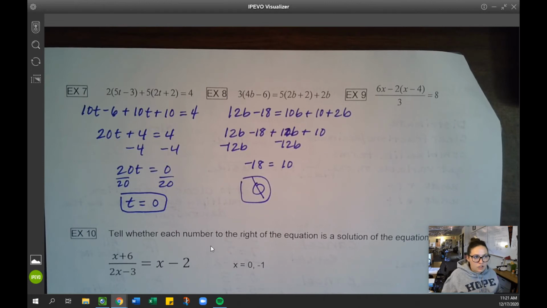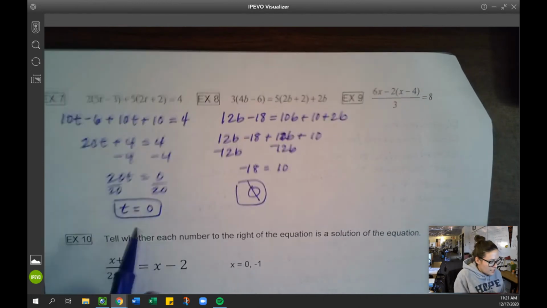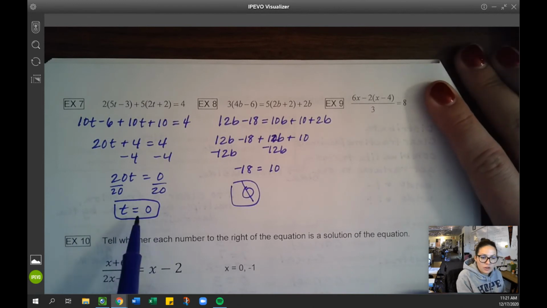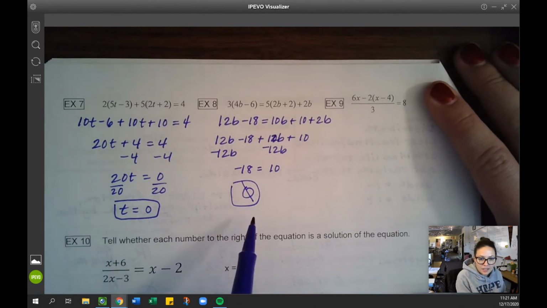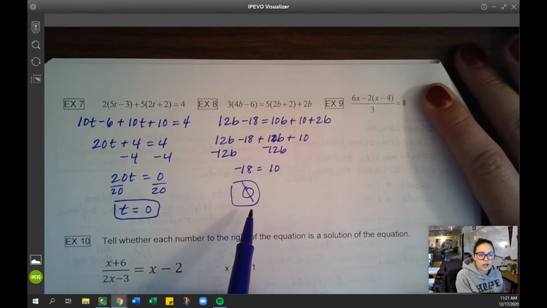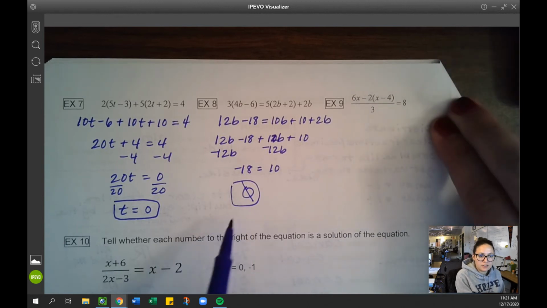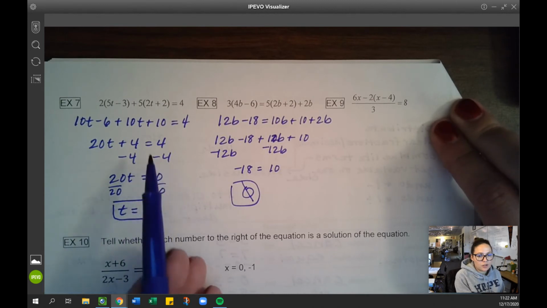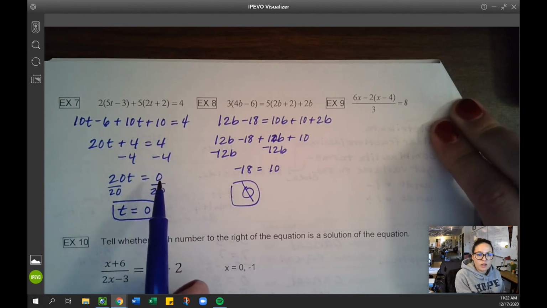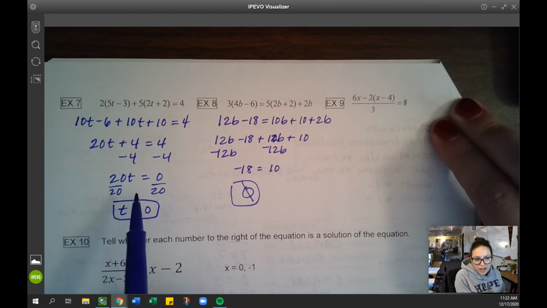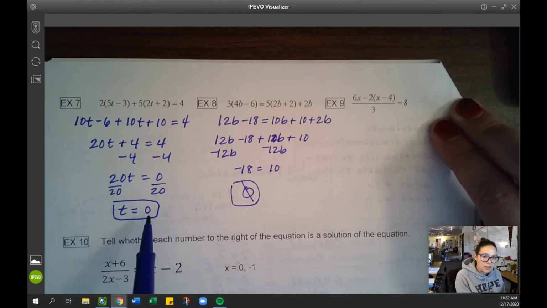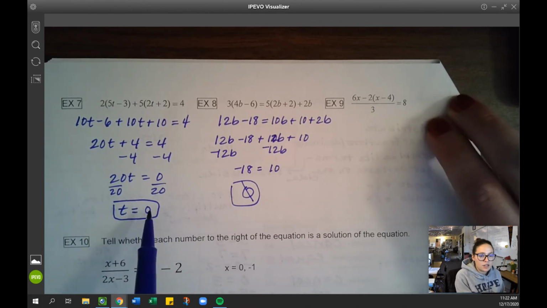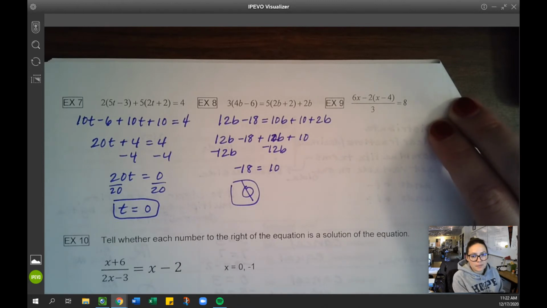All right, you should have gotten t equals 0 for 7 and no solution for 8. One thing that I see sometimes is students get confused with the fact that they get 0, but the variables don't cancel out. 0 is still a possible solution. So that's just something to think about.